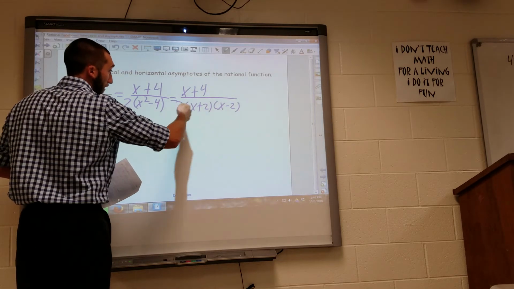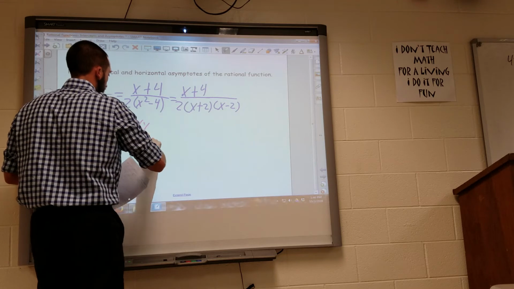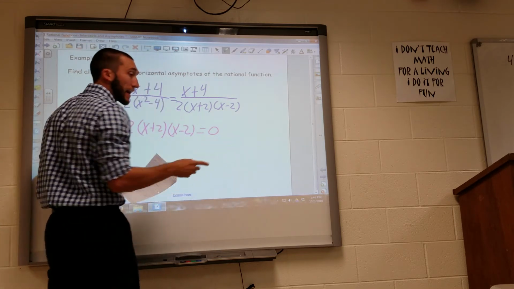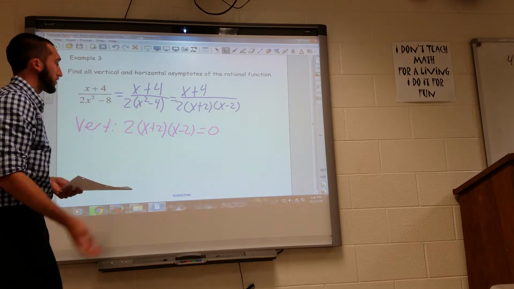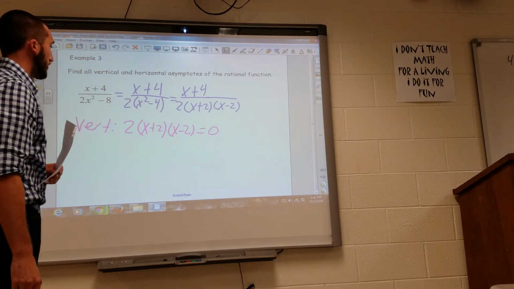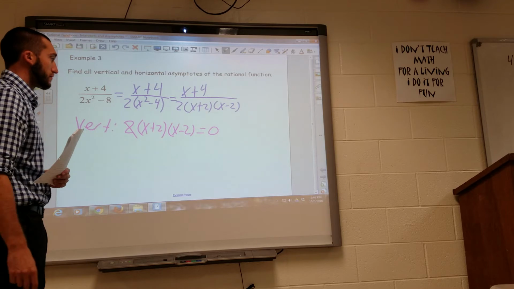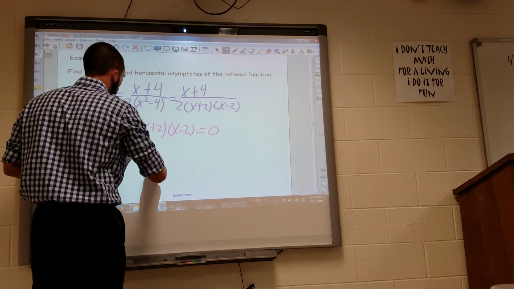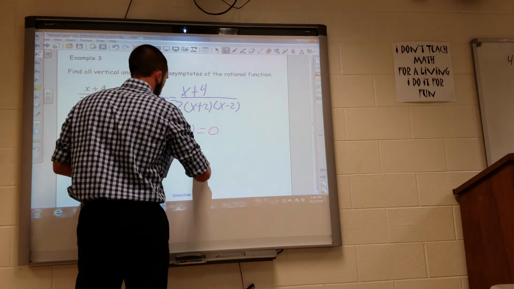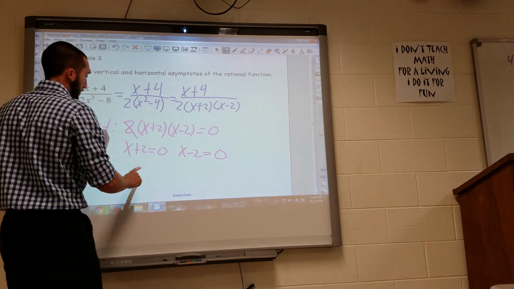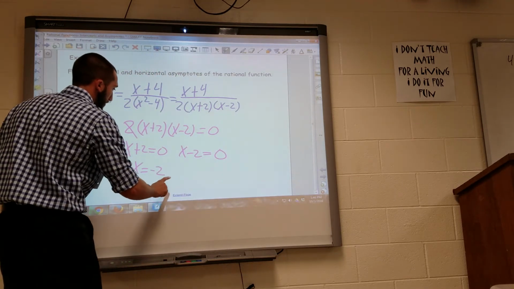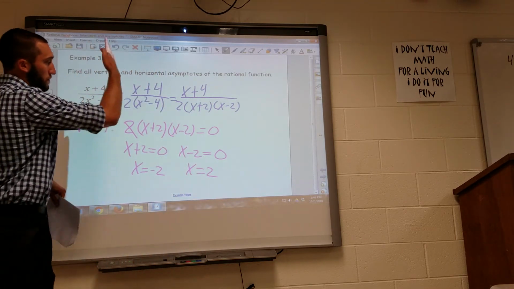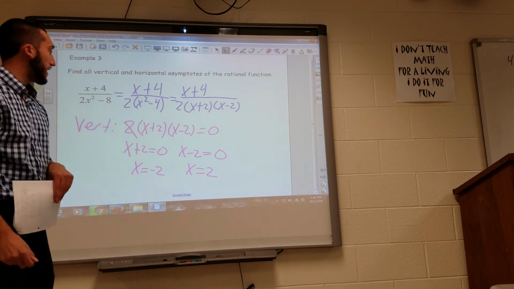So I'm going to put my factored form in there, because we'd eventually have to factor it out anyway, so as long as it's factored, let's use that to find our vertical asymptotes. 2 does not equal 0, so that's disregarded. So x plus 2 equals 0, x minus 2 equals 0. So our vertical asymptotes are x equals negative 2 and x equals positive 2. Those are going to be vertical lines at negative 2 and positive 2.